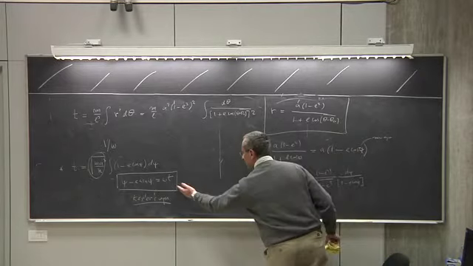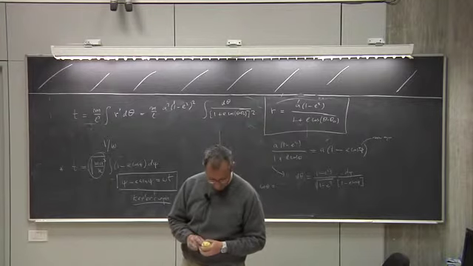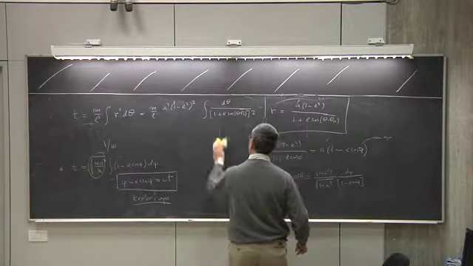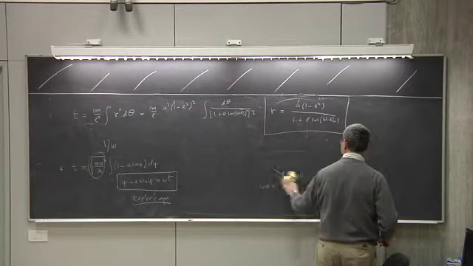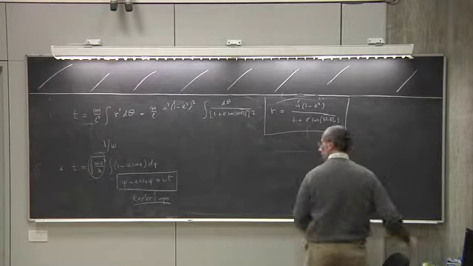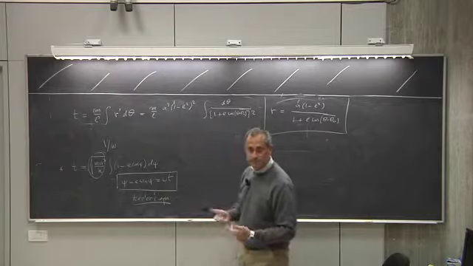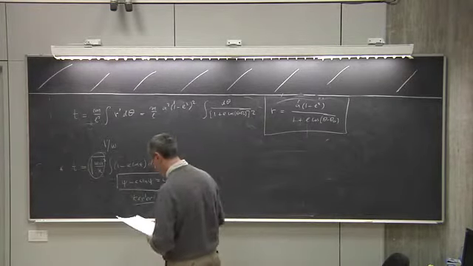So I want to solve this, and I want to show you what happens. How do you solve this? As I said, this is a transcendental equation, so it's not such a simple thing. You have to do it numerically, essentially, or by expansion. That is more or less the same thing.